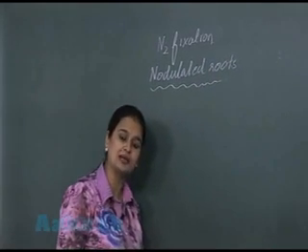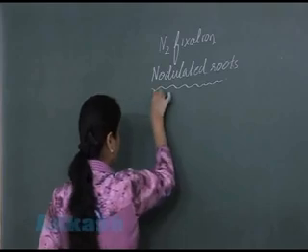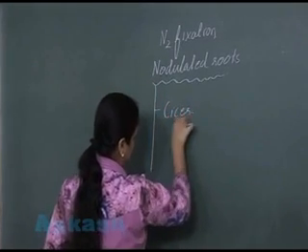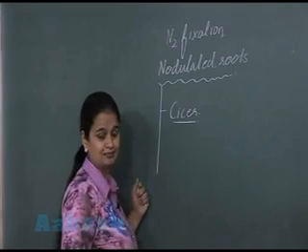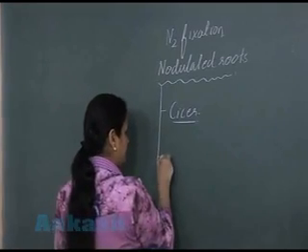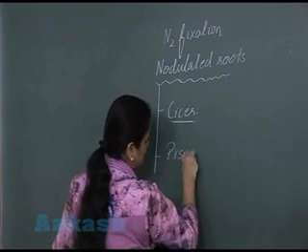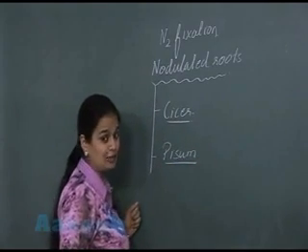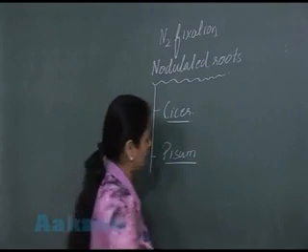Yes, leguminous plant के अंदर ये roots present होंगी. Like one example I am writing here, that is Vigna mungo, that is black gram. Another one is Pisum, that is pea. तो leguminous plant के अंदर ये roots होंगी.